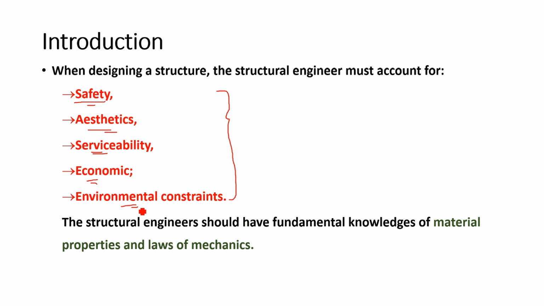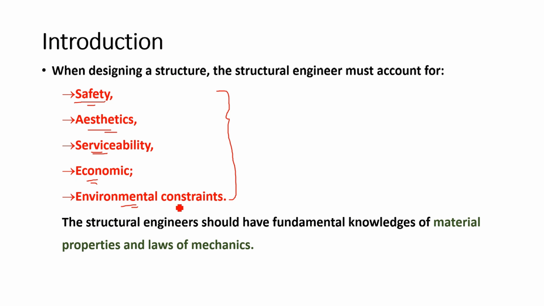As a client, if you have an idea of constructing an 8-story building, but your land ground is not supporting that, you have to limit to a smaller number, let's say five stories. That means you have a plan for 10 stories, but your ground is not allowed to do more than 5 stories. So that is one of the environmental constraints.